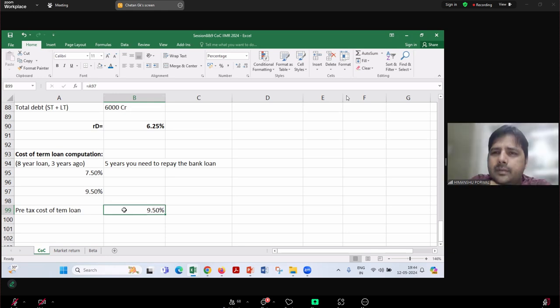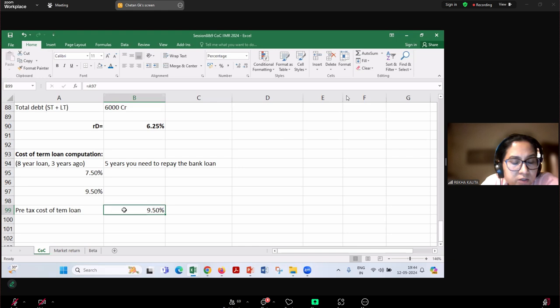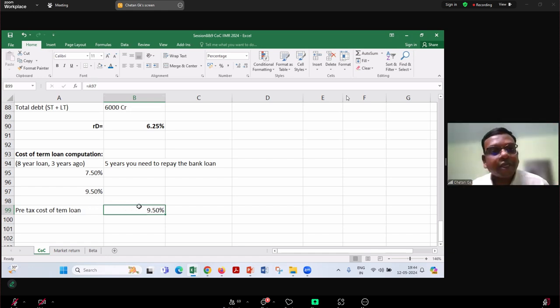I am only paying at 7.5%, but for the cost of capital computation, at least I should factor in that 9.5%, assuming that the company's credit rating will change and my cost of debt has changed. I should be taking the current running market interest rate, the way we have considered for the cost of equity. That is the reason we are considering the same with respect to the cost of term loan as well.